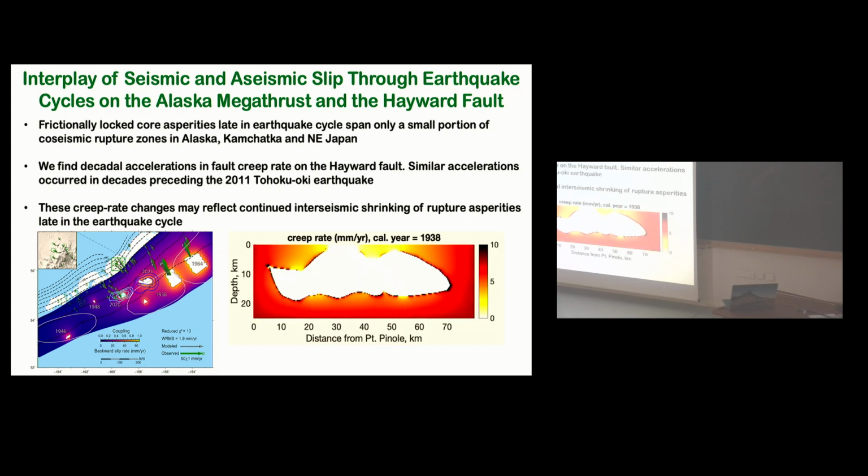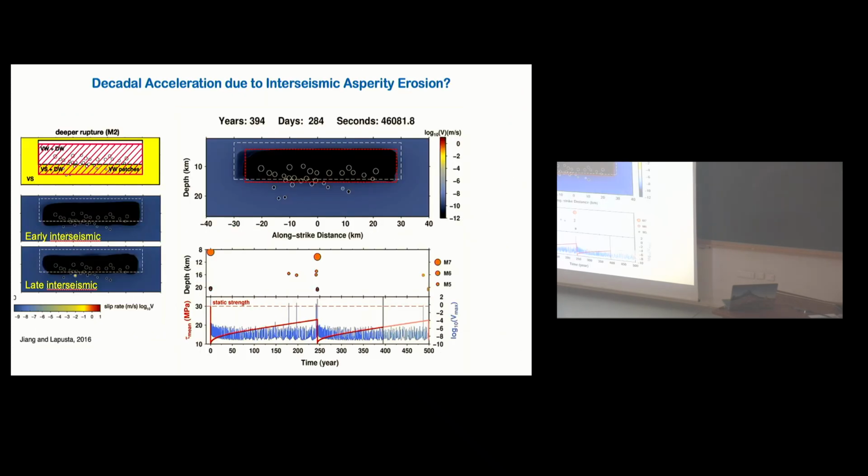Yeah, I mean, right, something has to shrink to allow the creep up here to get faster, unless you also add loading rate, right? There was an earlier question, could it also be that the far field loading would be faster, right? And that could be. We see on the, remember the Calaveras fault has a 40-year afterslip transient.